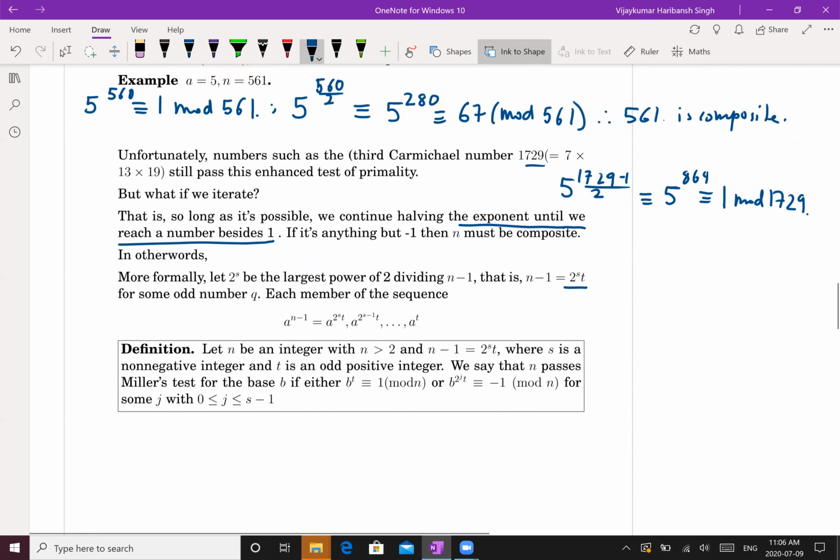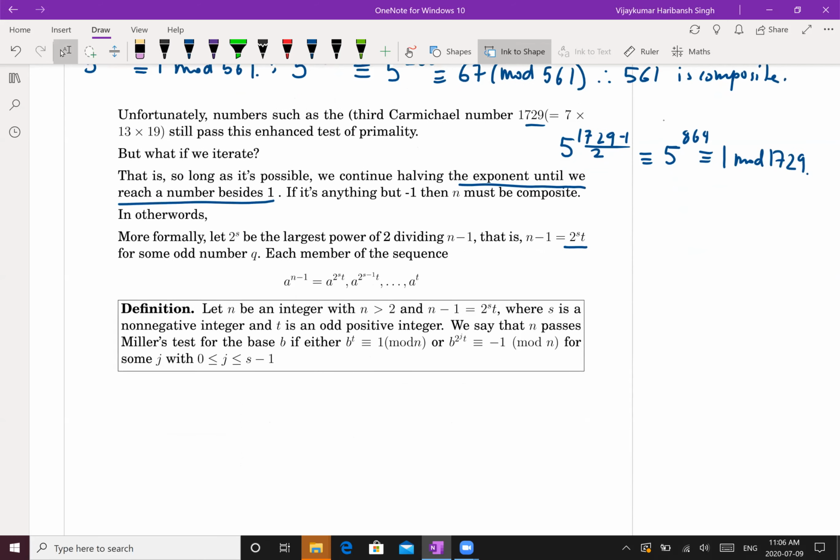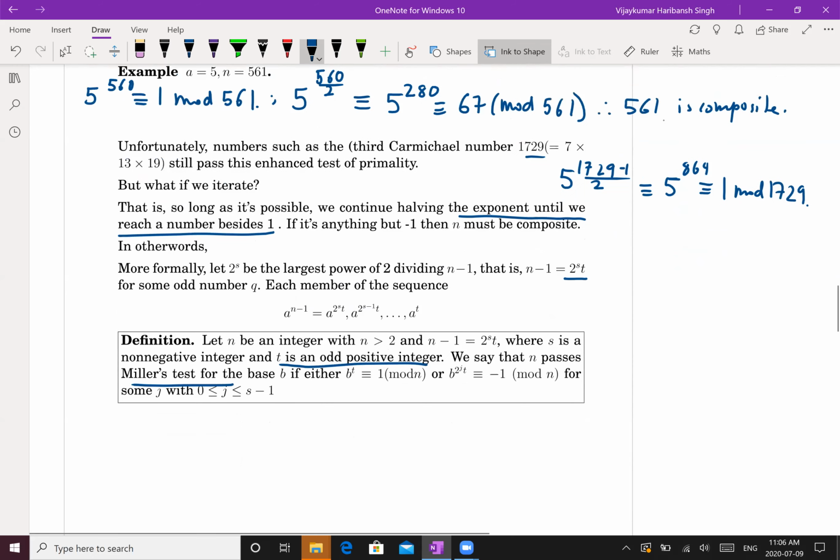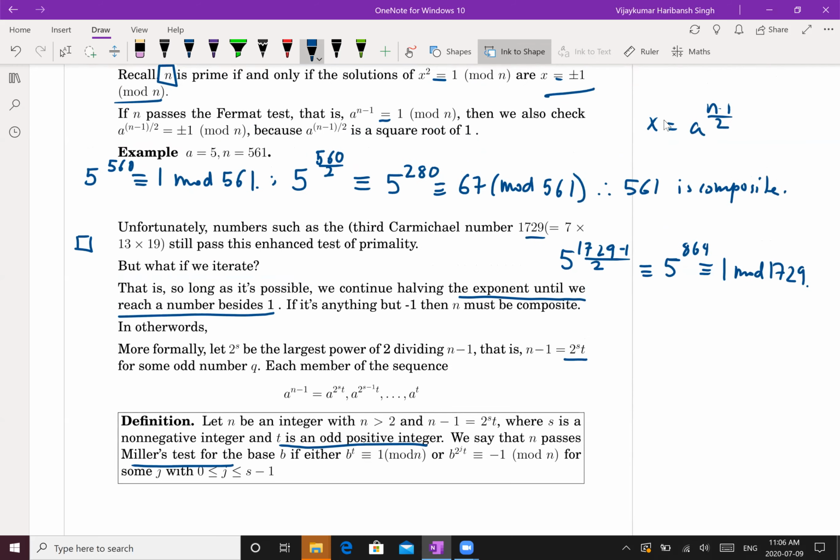So here, if n is greater than 2 and n minus 1 is 2 to the power s times t, where s is a non-negative integer and t is an odd positive integer, we say that n passes the Miller's test if you iterate it over and over again.